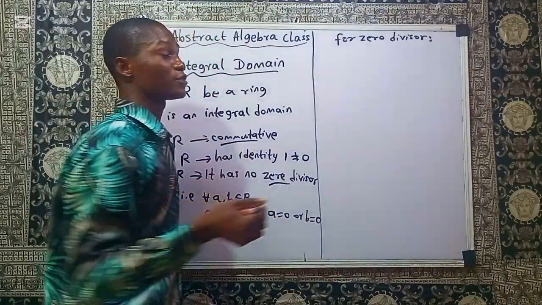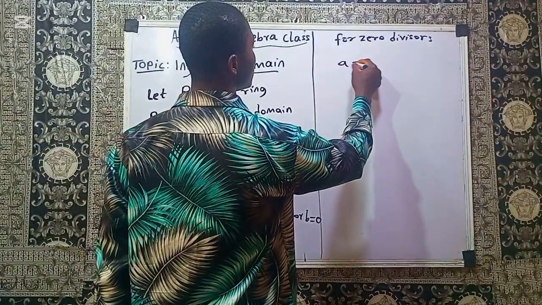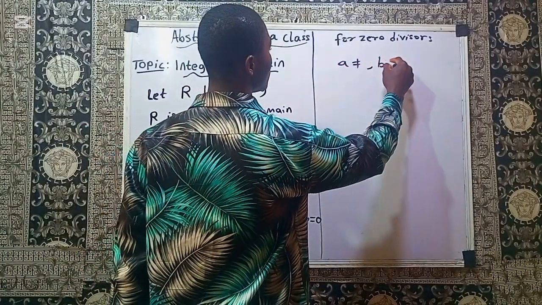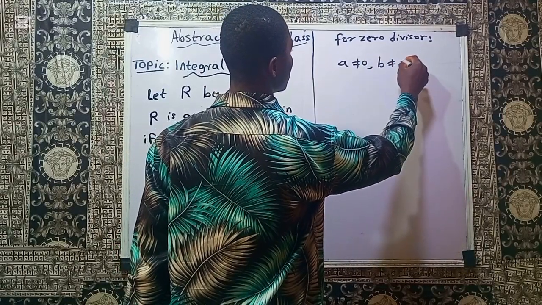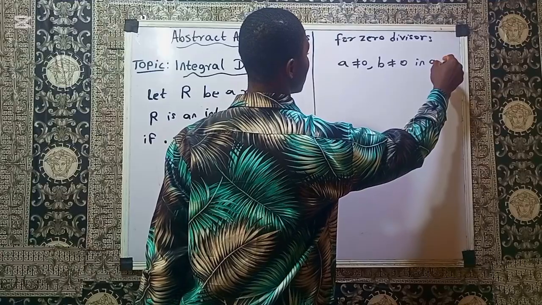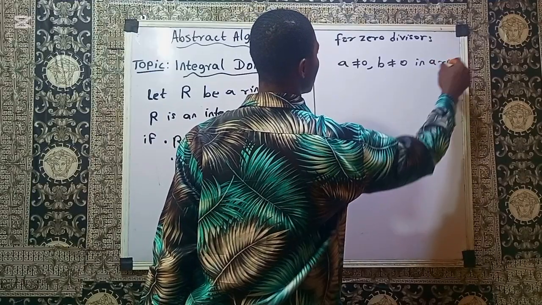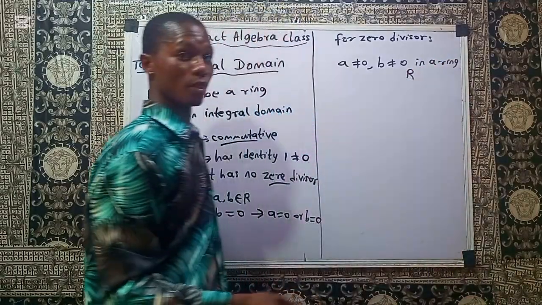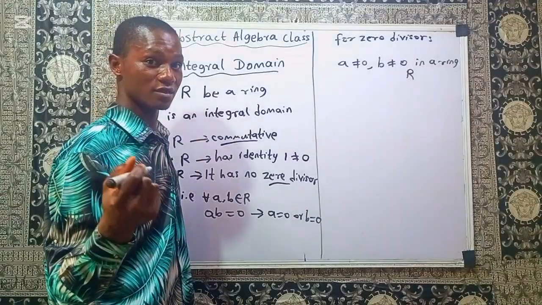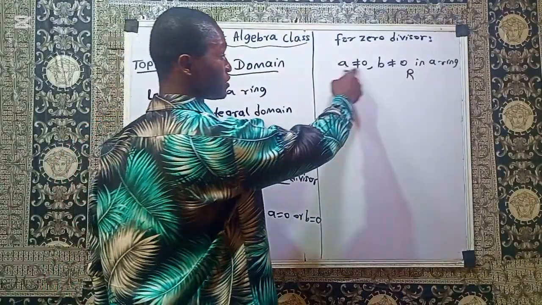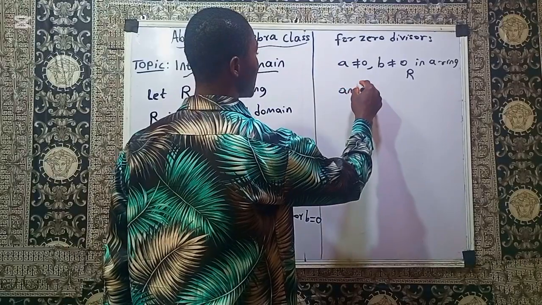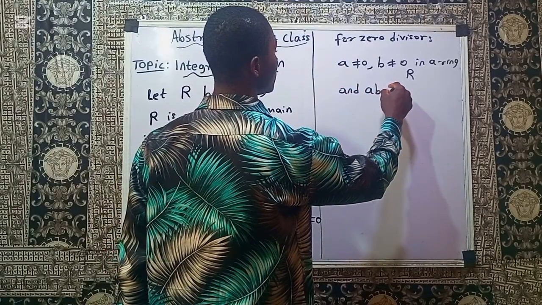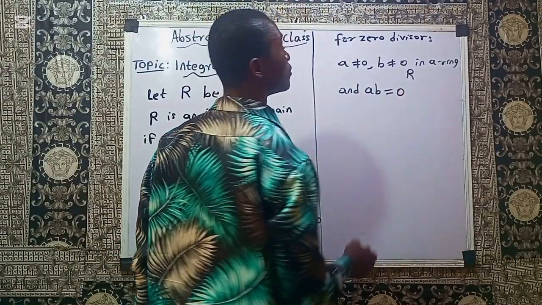So for zero divisors, you have A is not 0, B is not 0 in a ring R, and it happens that AB is equal to 0.